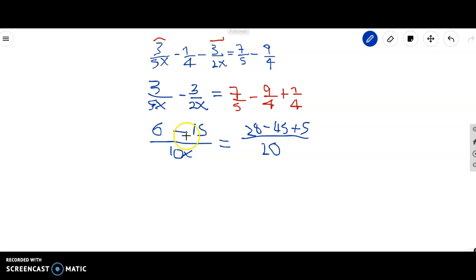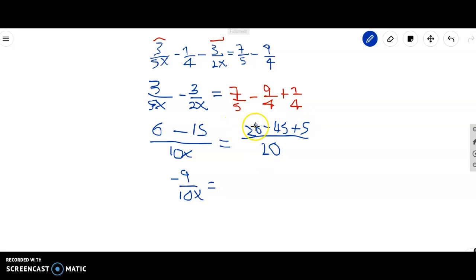So we have 6 minus 15. Okay, so 6 minus 15 makes minus 9. So it will be minus 9 over 10x. All right. And the equal sign.